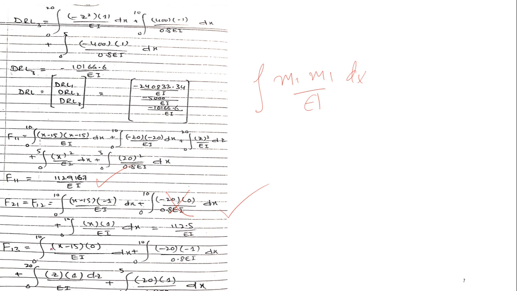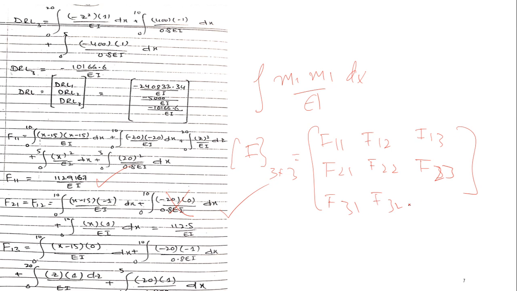Okay, you will find F13 on your own. It's easy. You should know the flexibility matrix order. The matrix should have the order 3 cross 3 because there are 3 redundancies. So F11, F12, F13, F21, F22, F23, F31, F32 and F33.